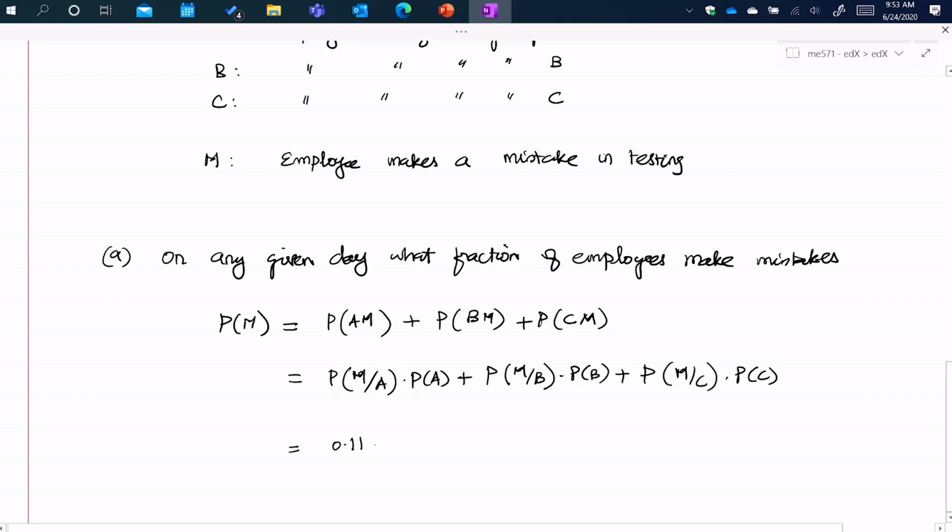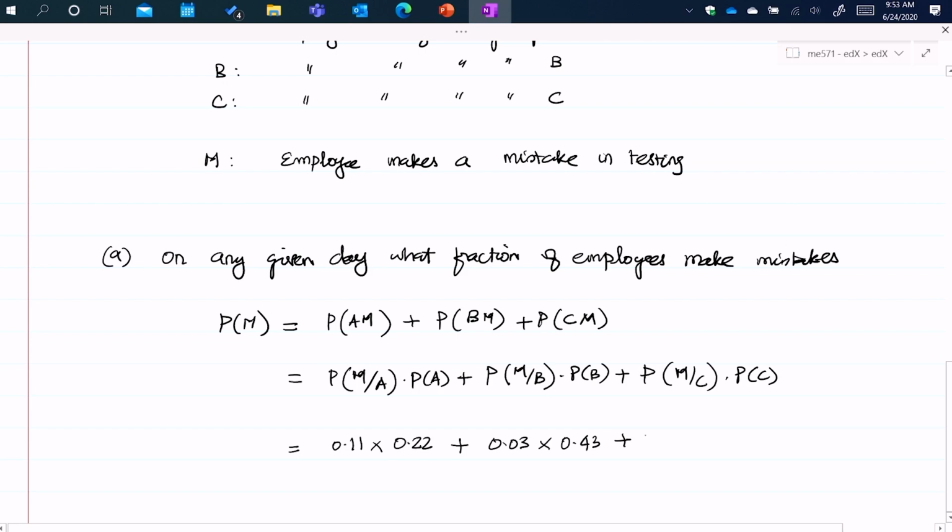And we know the probability of an employee belonging to group A is 0.22, because 22% of the total number of employees belong to group A. And the probability of M given B is 0.03, because only 3% of employees belonging to group B make mistakes. And we know that 43% of employees belong to group B.